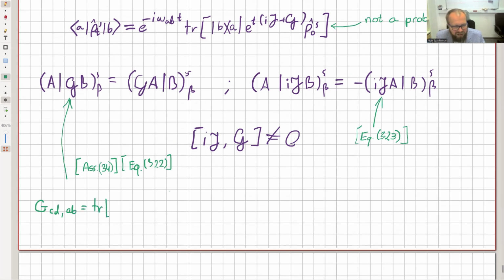What it actually is: you take the output basis operator, you have to take the dagger because we're using this trace inner product, and you take the G superoperator acting on AB.